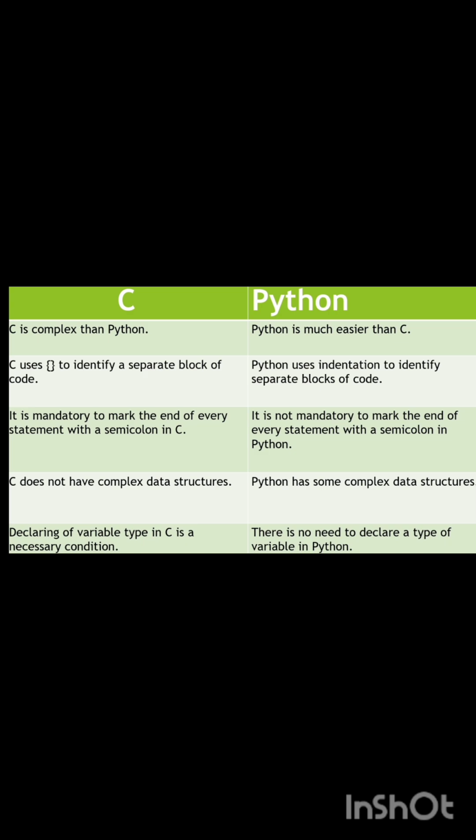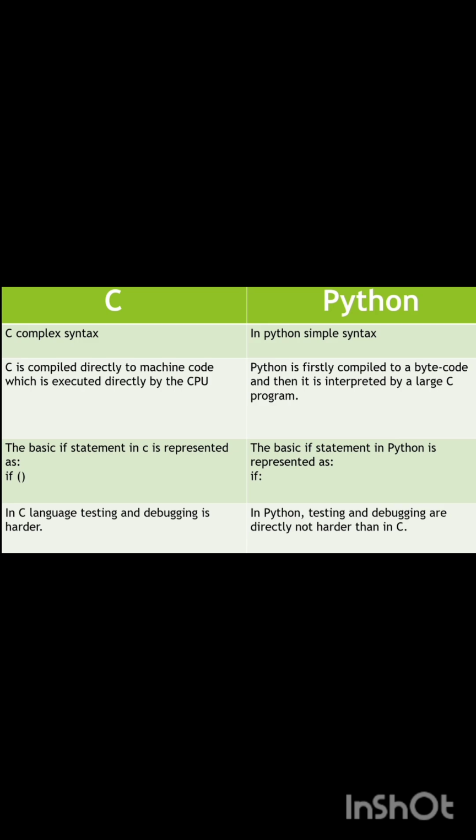Then next, C does not have complex data structures, but Python has some complex data structures. Declaring a variable type in C is a necessary condition, and in Python there is no need to declare the type of variable. C has a complex syntax, but Python has a simple syntax.